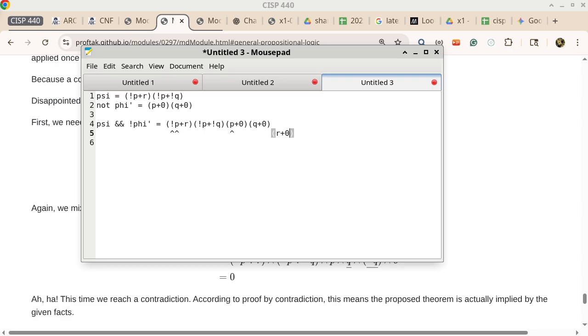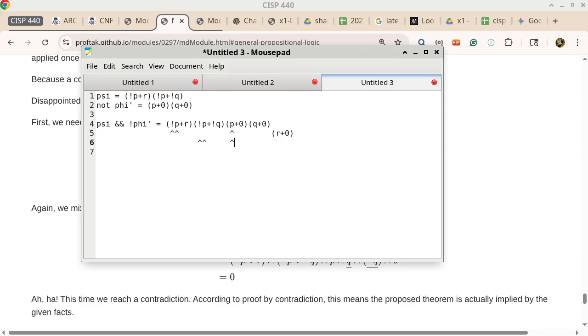If we're okay with this, then we move on to the next one and ask, is there anything else that can resolve with the not P of the first item? This one only has a Q, so it's not going to work out. Then we look at the R from the first disjunctive term and ask, do we see a not R anywhere else? The answer is no. So now we move on to this one, which is a not P. Can we find a P somewhere else?